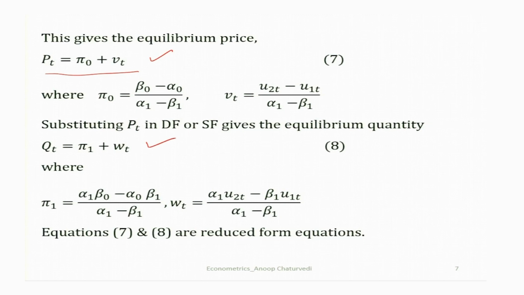Now, these are the reduced form equations. In each of these equations, you have just one endogenous variable. The first equation, equation 7, has the equilibrium price as the endogenous variable. The equation 8 has the quantity as endogenous variable.